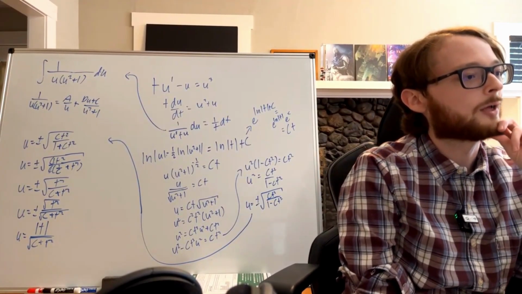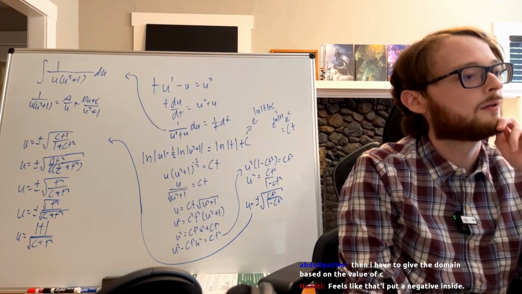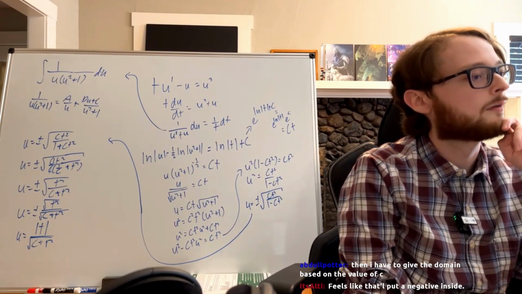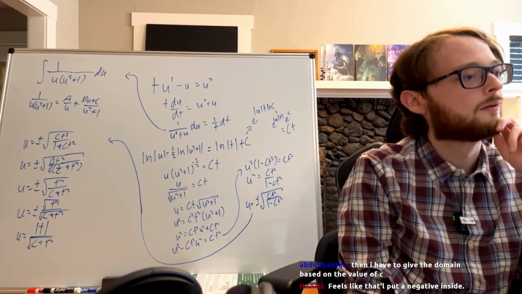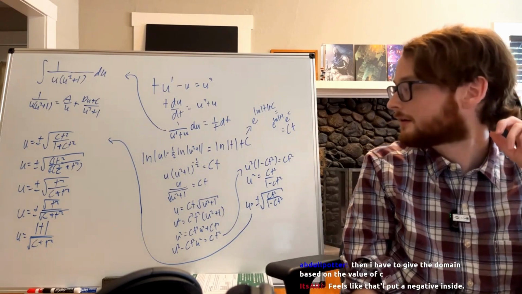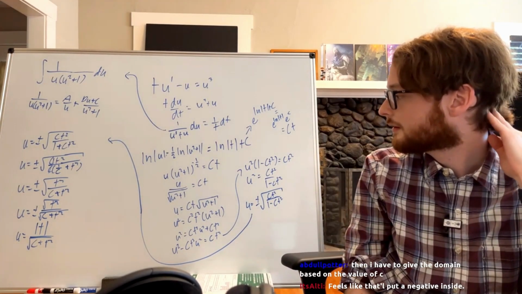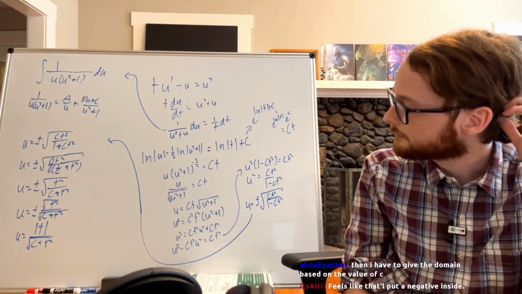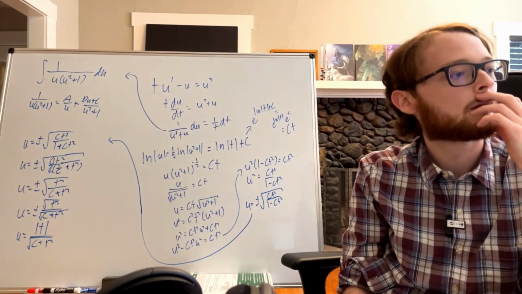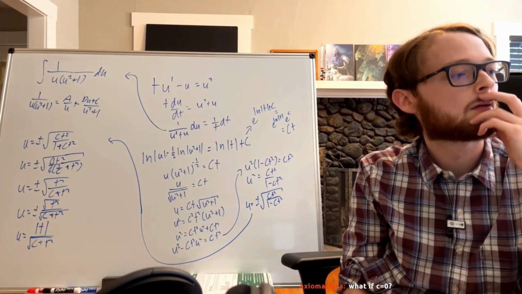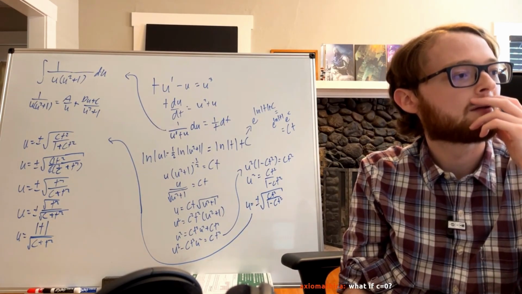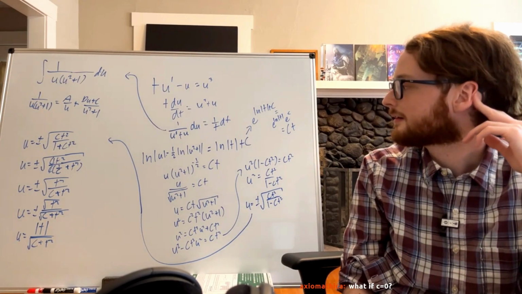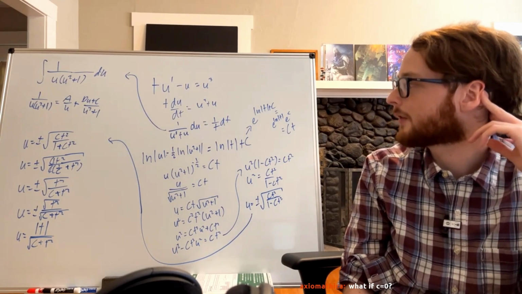Give the domain based on the value of C. Feels like that'll put a negative inside. I don't know, that might have to do with the plus and minus being on the outside.